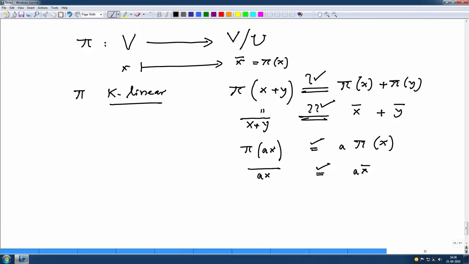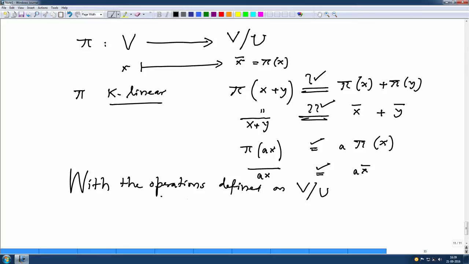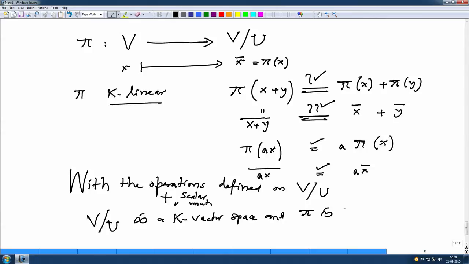So, here I will just make sure that with the operations defined on the quotient space V by U, namely we have defined plus and scalar multiplication, V by U is a K vector space. And pi is K linear.